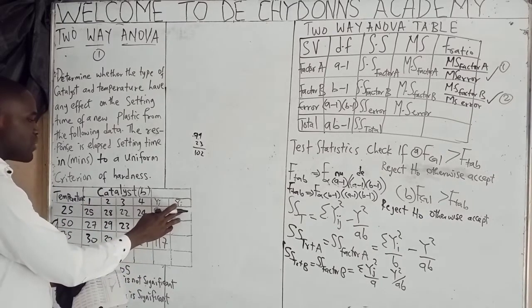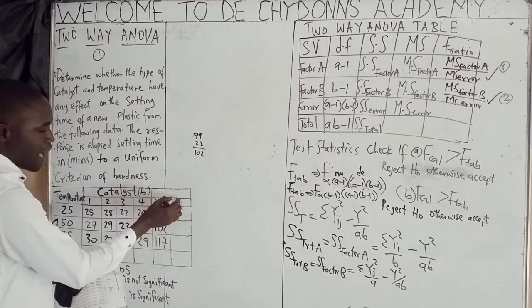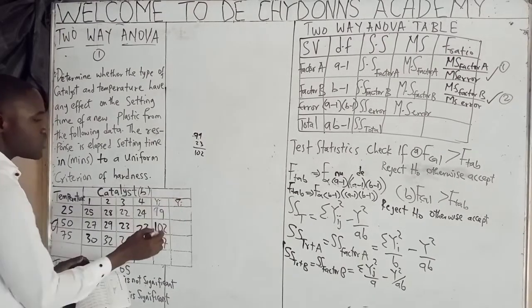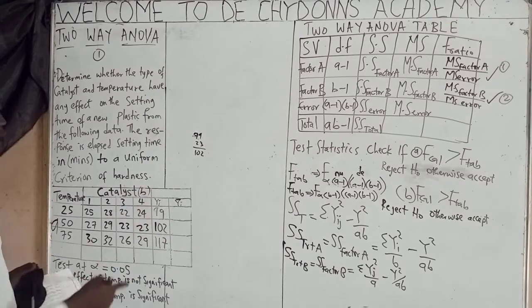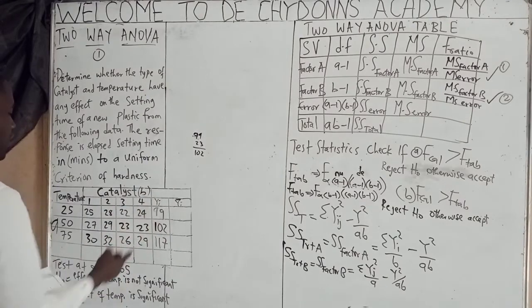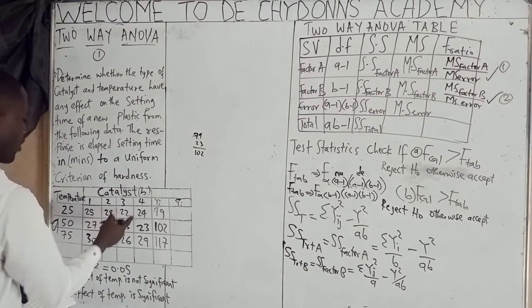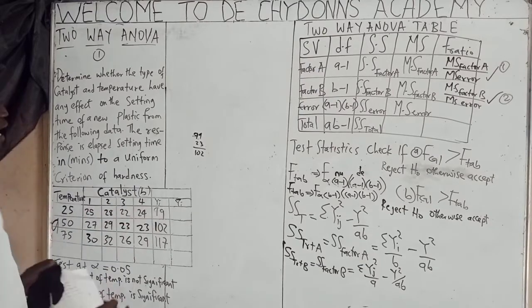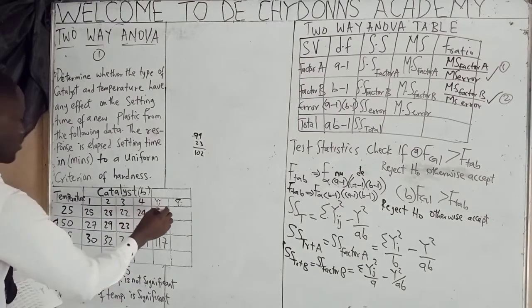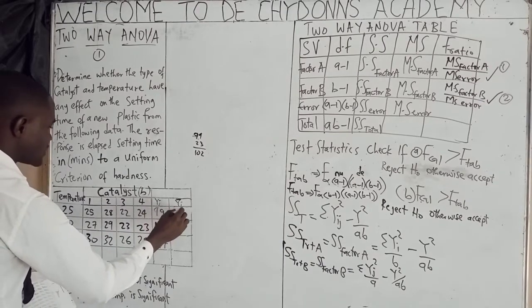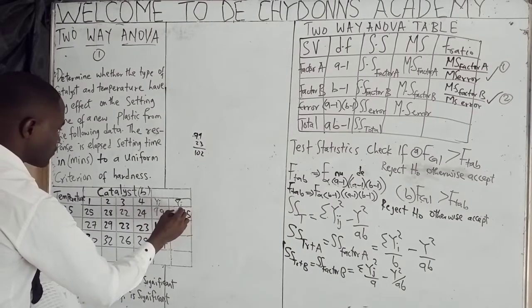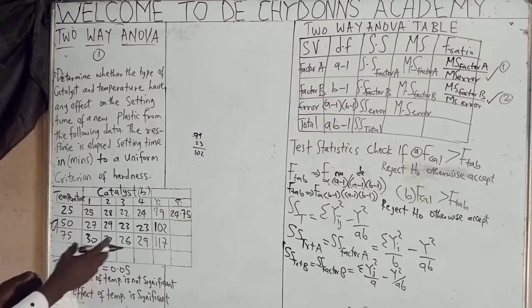Then what is the meaning of Yi. with a bar on the top? Yi. with a bar on the top simply means get the mean of this. So we have 1, 2, 3, 4. Divide 99 by 4, and you'll be getting 24.75. Just use a good calculator.